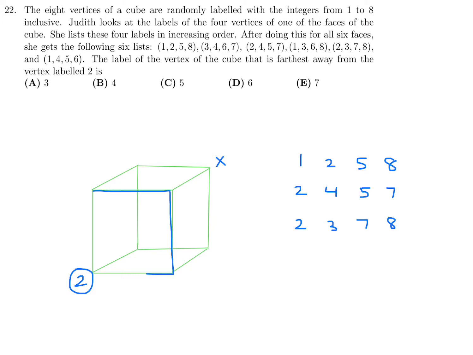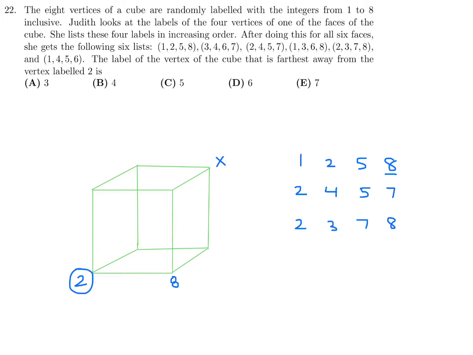So the 3 faces that the 2 is involved with are that one, this one, and of course this one. The 2 is common to all 3 faces, but the 8 is common to 2 of them. So I'm going to put the 8 here because that way it would be part of that face, but it would also be part of this face.